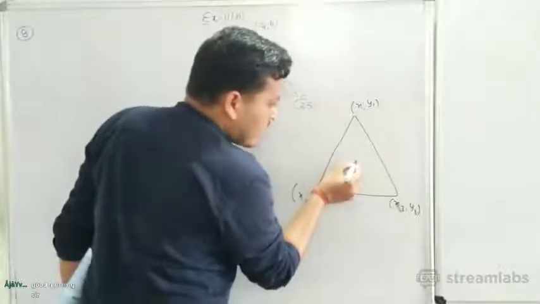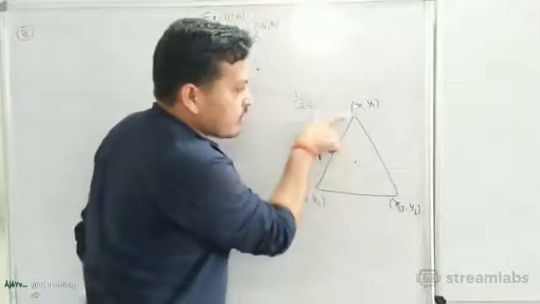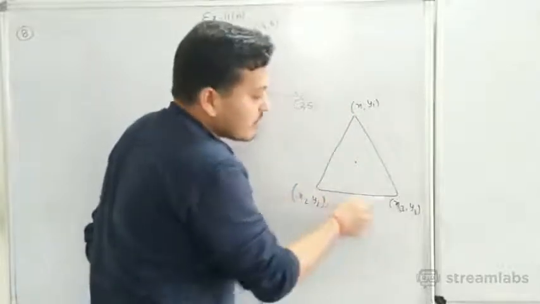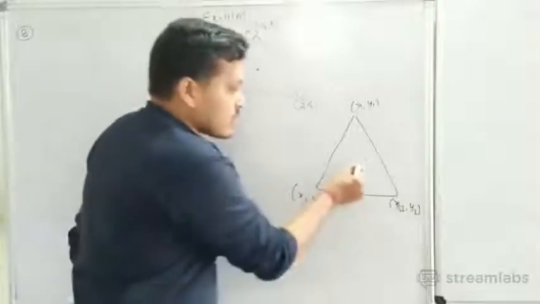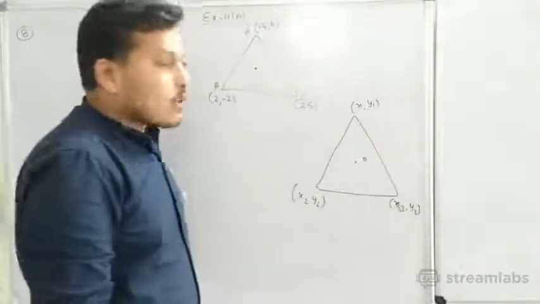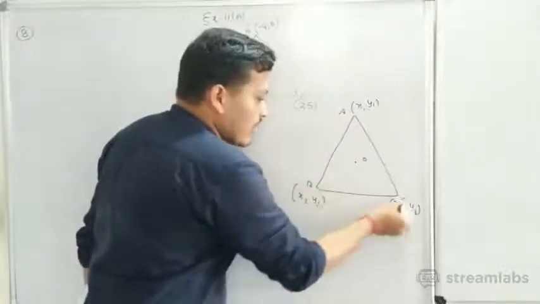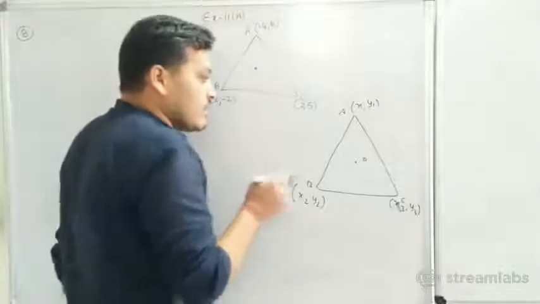Here is the center of the triangle. Suppose this point is O. Point O is equidistant from all three vertices of the triangle. So that is the centroid, the center of the circle, known as the centroid.